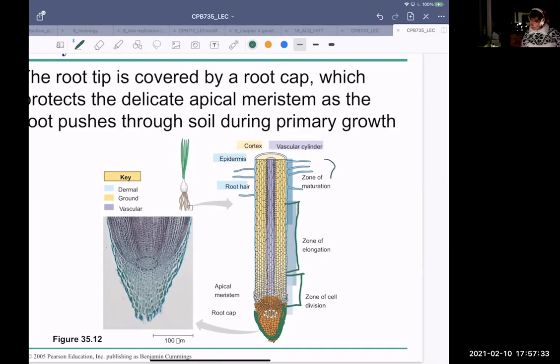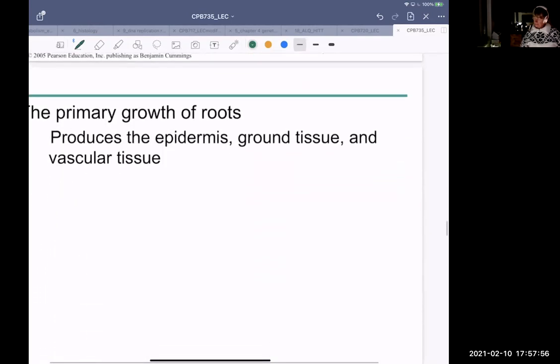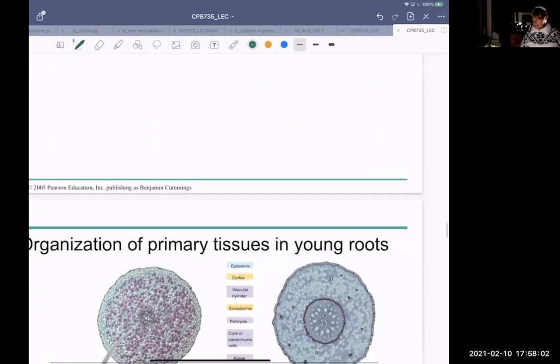And up here, the cells are mature and they're starting to grow root hairs, which are a little bit like cilia, really, that are growing out from the cells. So the roots pushing through soil, primary growth, produces epidermis, ground tissue, and vascular tissue when the roots are growing.